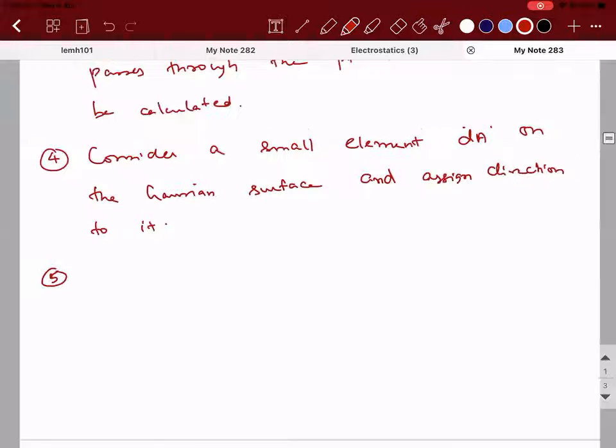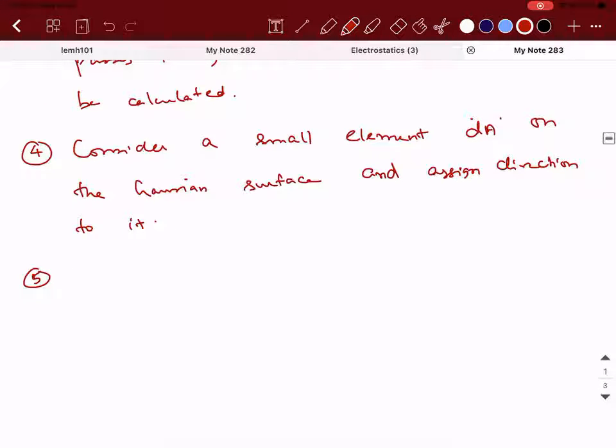Fifth, find the direction of electric field from the charge distribution.